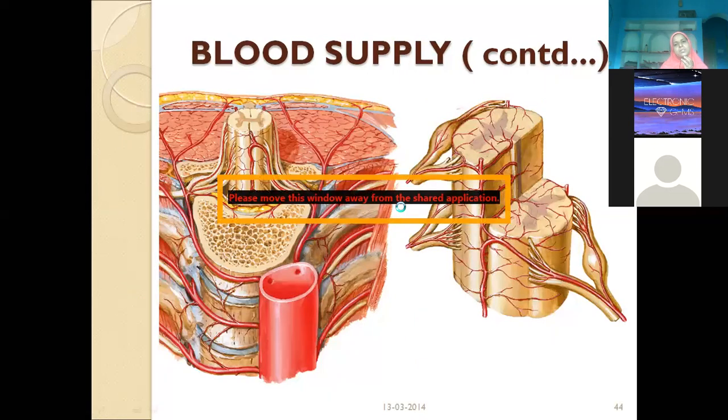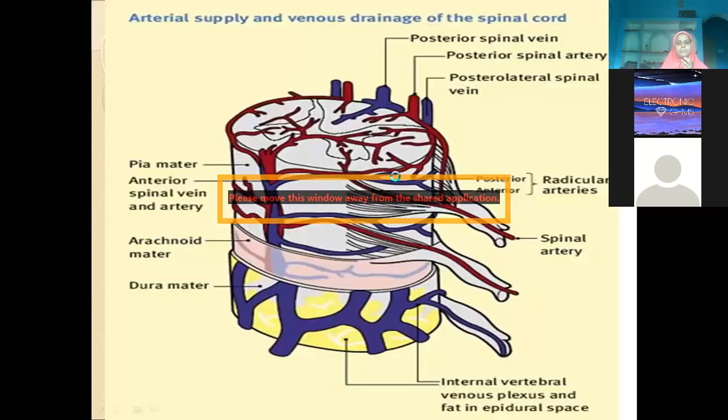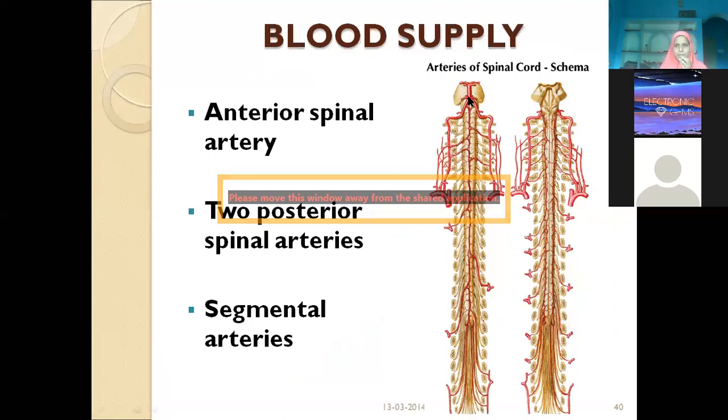Now if you go to the first picture, see here. This is the brachiocephalic trunk, for example. We have the common carotid and then the subclavian. Then you are finding the arteries going like this. You remember we have the vertebral artery, which runs inside the cervical transverse foramina of the cervical vertebrae.